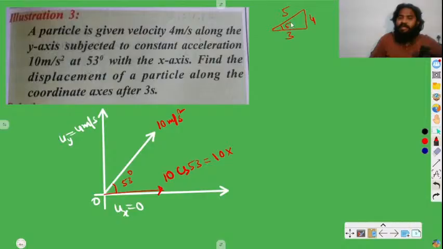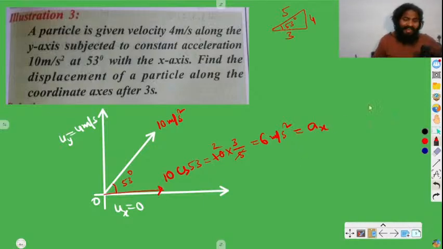Cos 53 is adjacent by hypotenuse. 10 into 3 by 5, 2 times 3, then you will get 6 meter per second square. What is 6 meter per second square? This is nothing but the acceleration along the x-axis.